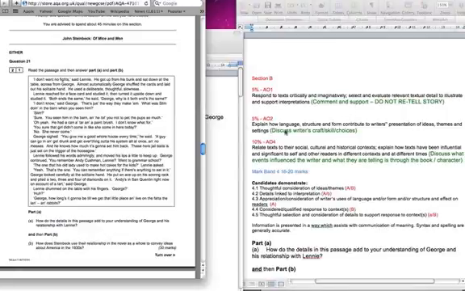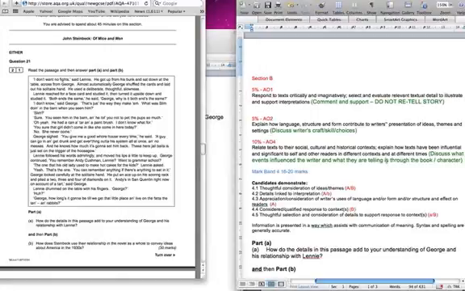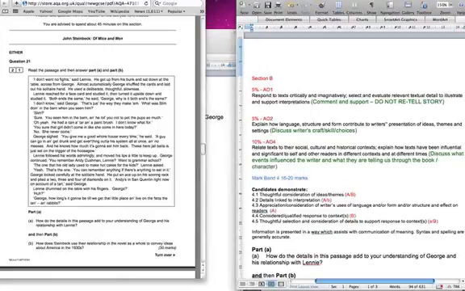You've got 5% for AO2, which is discussing the writer's craft and choices. And here this is really looking mainly at linking to other parts of the book. And you've got 10% for AO4, which is discussing what events influenced the writer at the time that they were writing or before, and what they are telling us through this book and some of the characters.